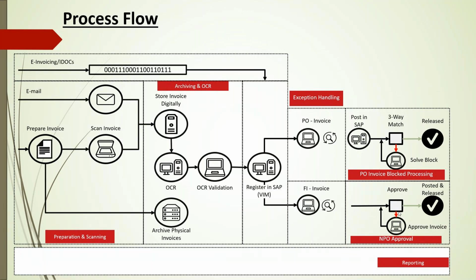Once posting is done, invoice verification will also happen. In case of PO, two-way match or three-way match will also be taken care of. If anything is left out, it has its own workflow to manage this invoice verification stage. And if everything is okay, in both cases the invoices are released for payment, and that's where our cycle ends.